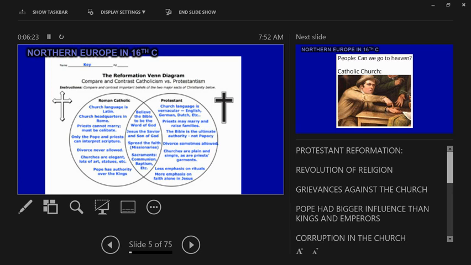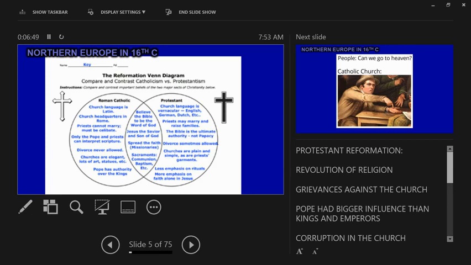The next thing is the church headquarters is in Rome for the Roman Catholic Church, but there's not really a headquarters for the Protestants. It's a bunch of different churches. There's no one person telling them all how to believe. For Roman Catholics, priests cannot marry, but they have to be celibate. That means no sex for the priests.